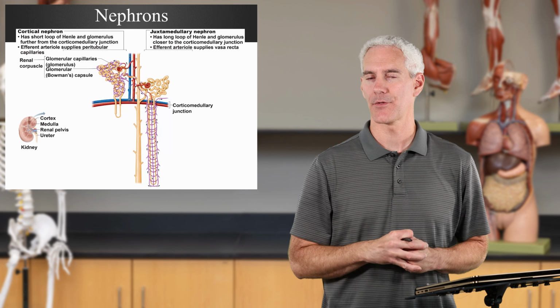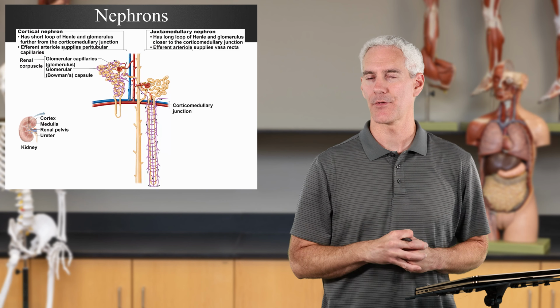That distal convoluted tubule is going to dump into the collecting duct. You'll notice there's a lot of pieces here of the collecting duct that are not attached. Each one will connect to another nephron. So you can get an idea of how many of these things are all packed around each individual collecting duct.